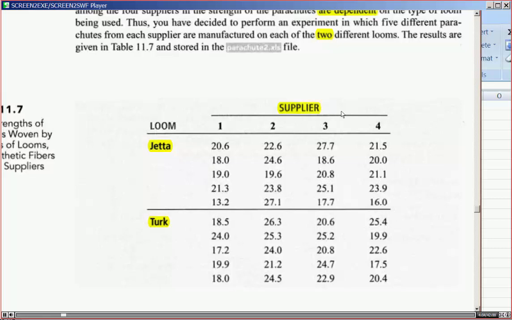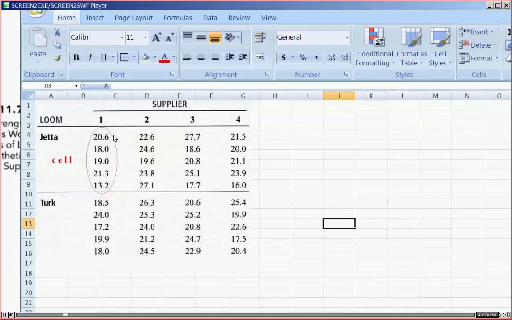And the supplier is the factor with which we're already familiar. Now the key here is to understand the terminology. This is the cell. This is what is called a cell. It's not really separated from other cells like these cells in Excel, but the terminology that is used for two-way ANOVA includes the term cell, and that's what it means right here.